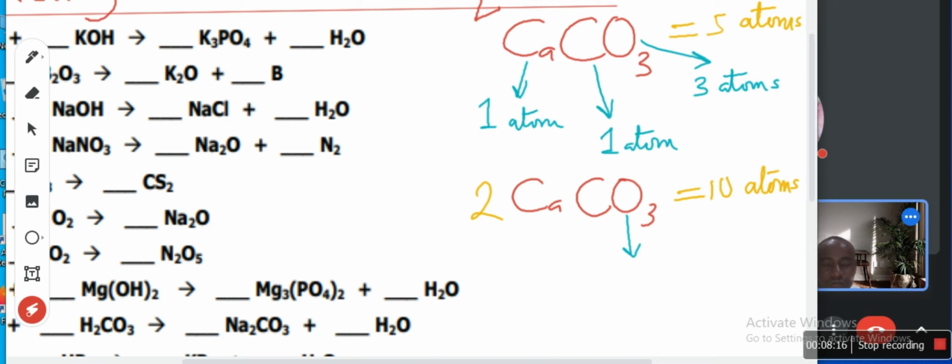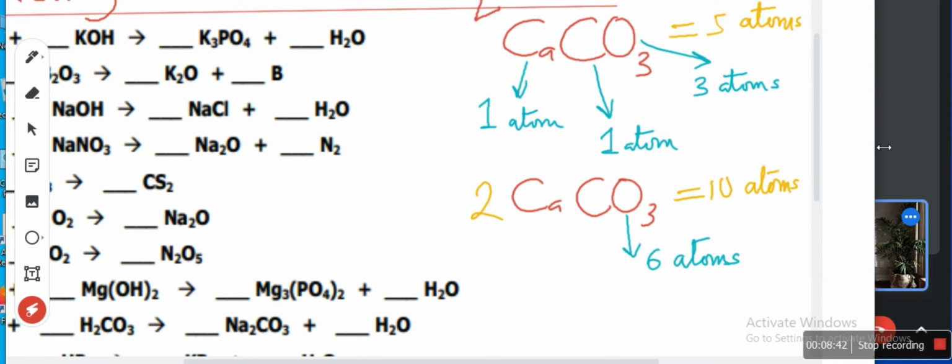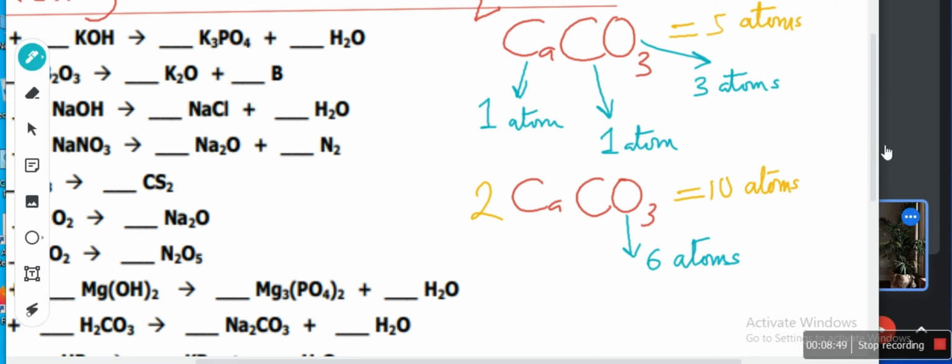Okay, so that means for oxygen we have 6 atoms, because you are going to have 3 times 2. All right, that's for oxygen, 6 atoms.